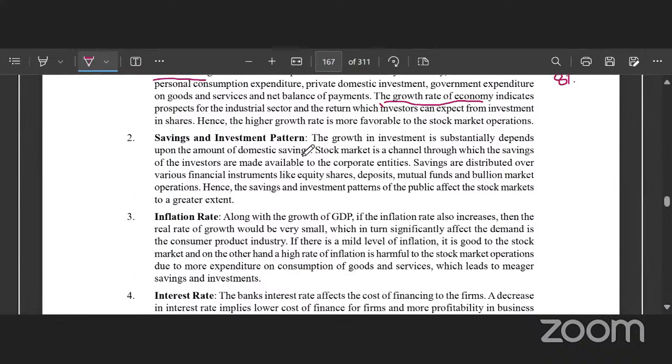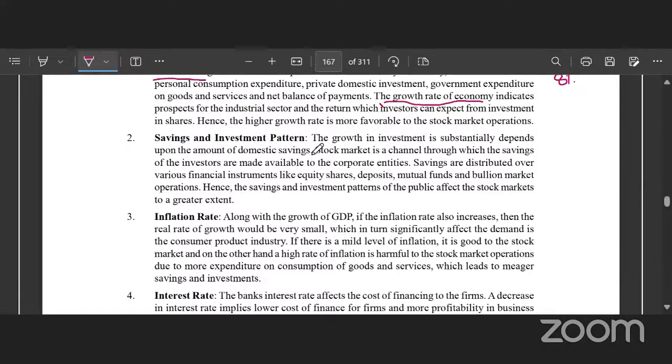Savings and investment pattern, right? So India is basically a savings nation, right? If you compare with many of the developed and developing economies, the investments in the Indian economy or Indian capital markets come mostly from savings, and we are generally a savings nation, right? The growth in investment substantially depends upon the amount of domestic savings, right?